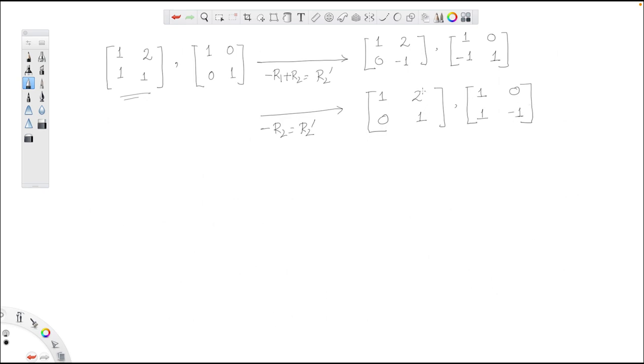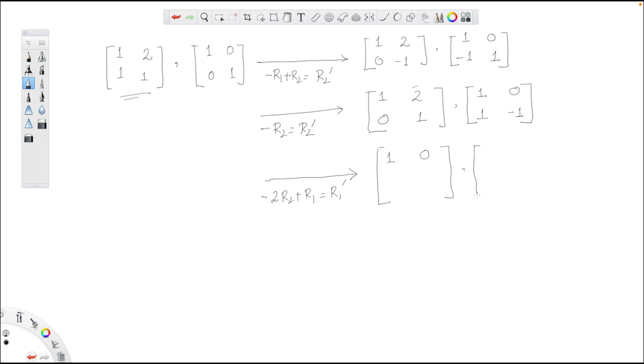Okay, so now the goal is to make this 0, and that can be done by the elementary row operation given by minus 2 r2 plus r1 is equal to r1 prime, right? That will make this guy 0, right?